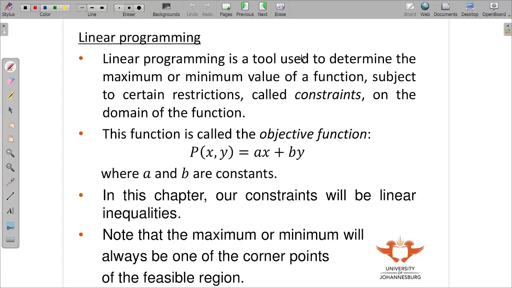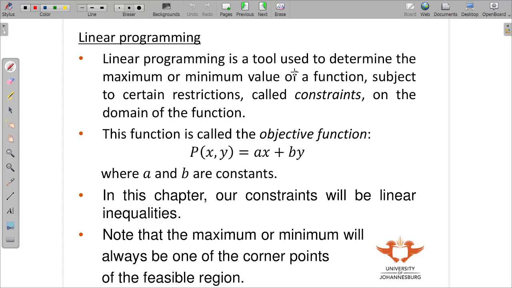The knowledge of how to draw the graph for a single linear inequality and how to draw the graph for systems of linear inequalities especially will be used here. Okay, linear programming. What is linear programming?